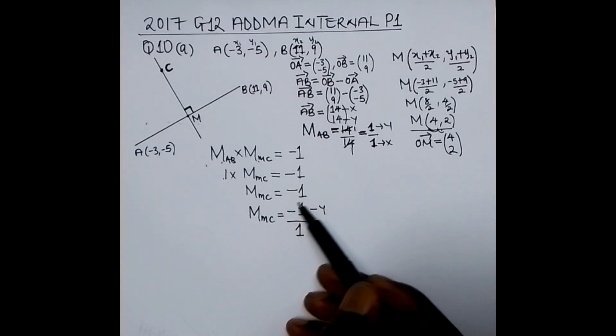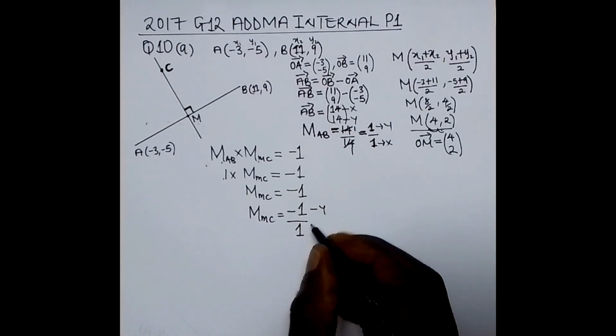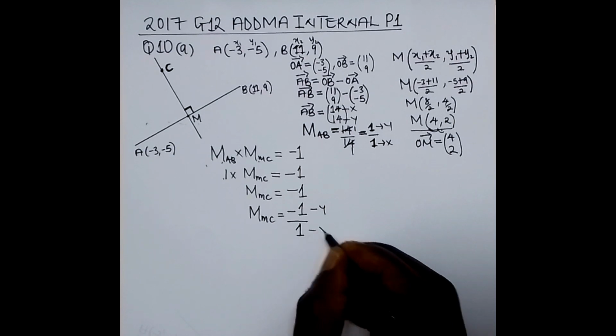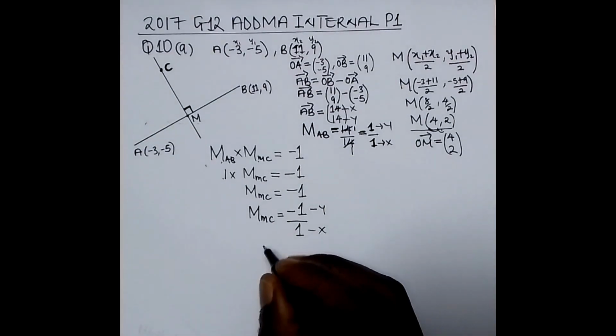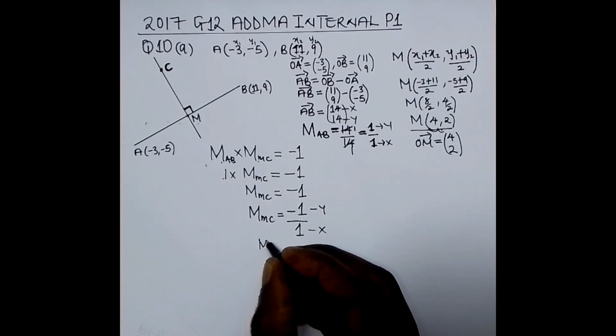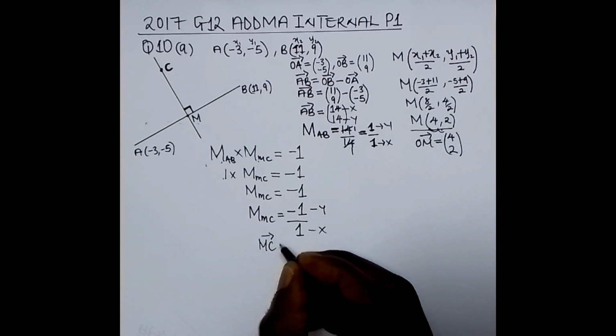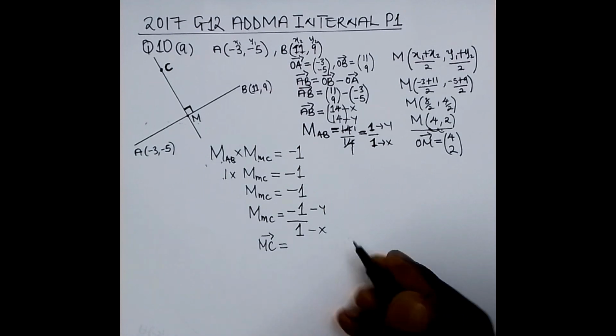So the y component is a -1. The x component is a positive. So as a direction vector, MC is going to have the following components.